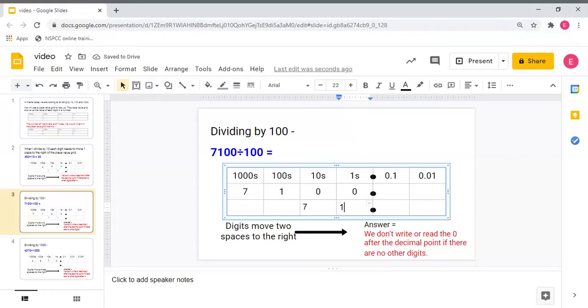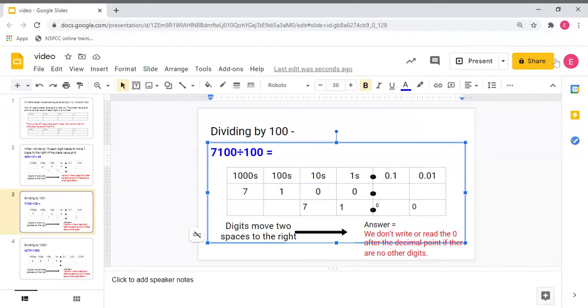My 0 tens is going to jump into my ones, into my tenths. And then my 0 ones is going to jump into my tenths and then again into my hundredths. Because they're after the decimal point and there are no other digits, I do not need to record these. So the answer is just 71.